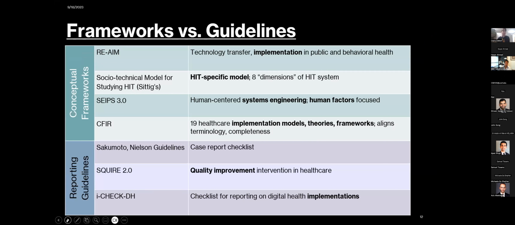So let me run through some examples of each. Conceptual frameworks: big concepts, how we are implementing in a public and behavioral space, how we are exploring different dimensions of implementation of an HIT system, how human factors accounted for this project, implementation theories for our new data visualization tool, as opposed to reporting guidelines, where we're going to explore the problem statement, our budget, our reports, our results, and our exact findings.